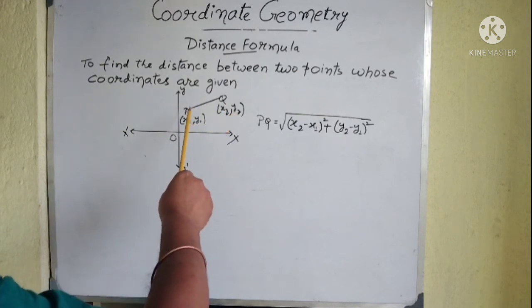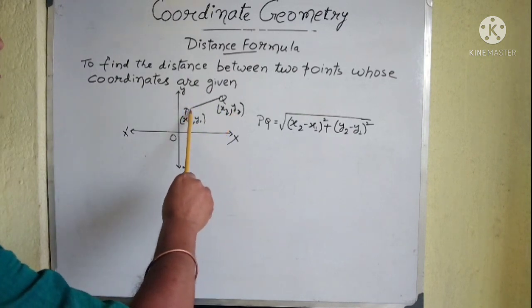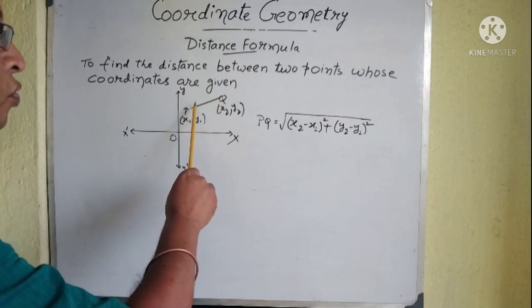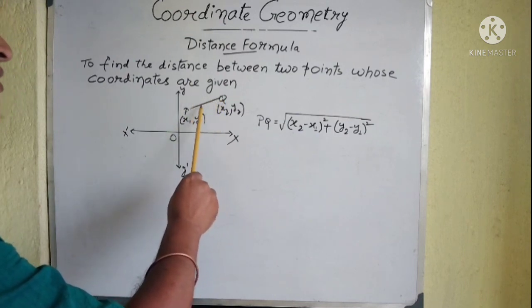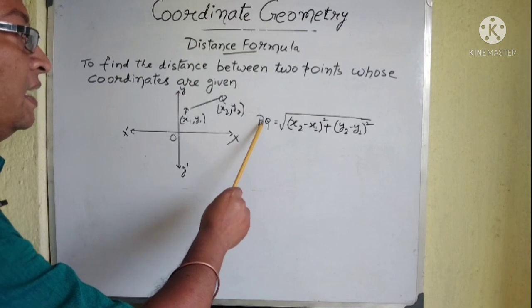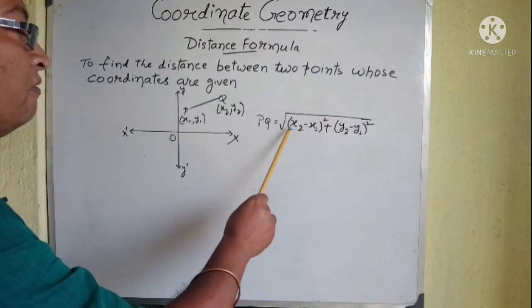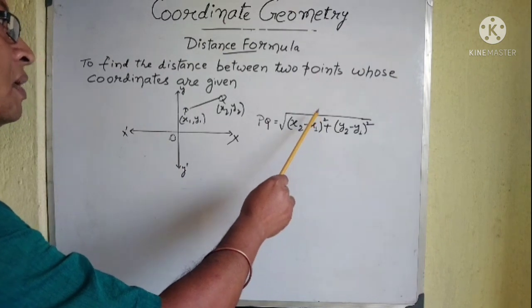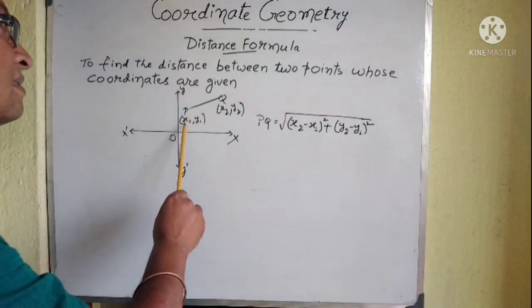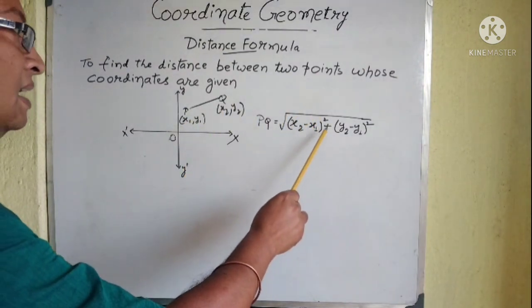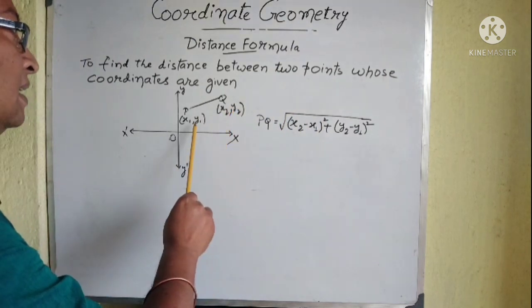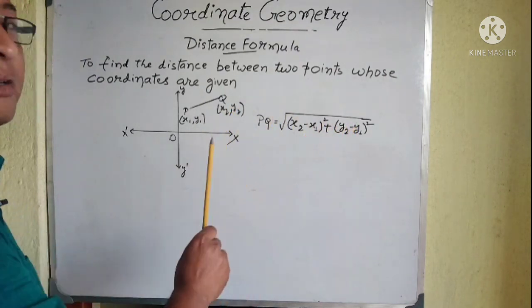So if you need to find out the distance between this P to Q, then you have the formula. PQ is equal to square root of (x2 minus x1) whole square plus (y2 minus y1) whole square.